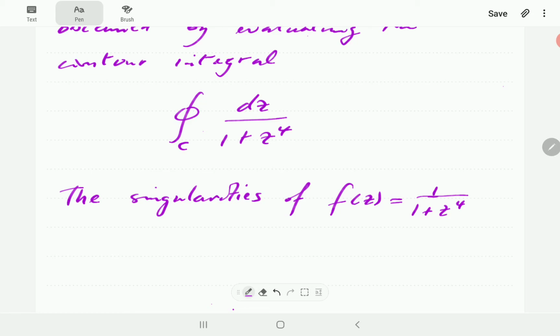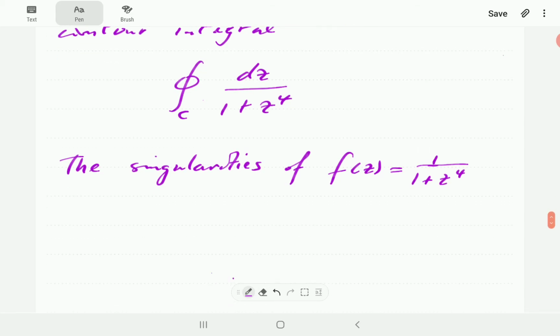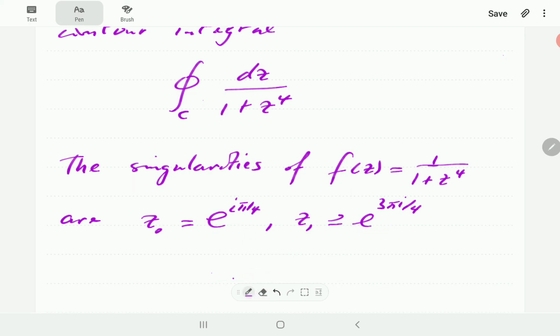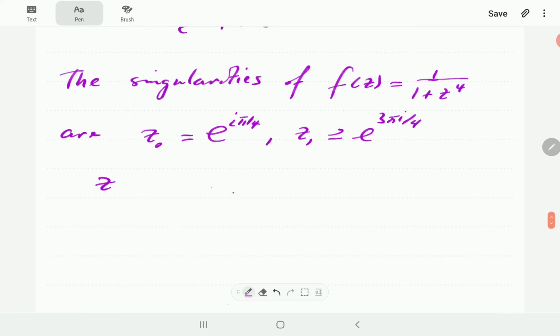Now, the singularities of this complex function are going to be 4 of them. First one is going to be e to the I pi over 4. Then we're going to have e to the 3I pi over 4. So this one is in the first quadrant. This one is in the second quadrant. This one is in the third quadrant, e to the 5I pi over 4.